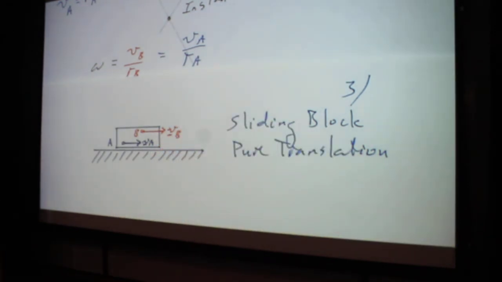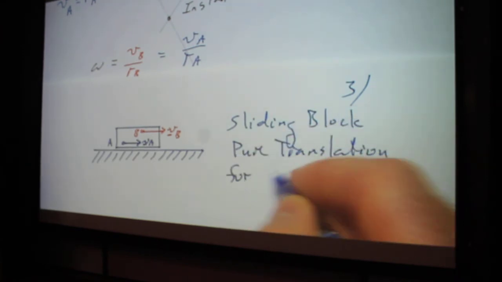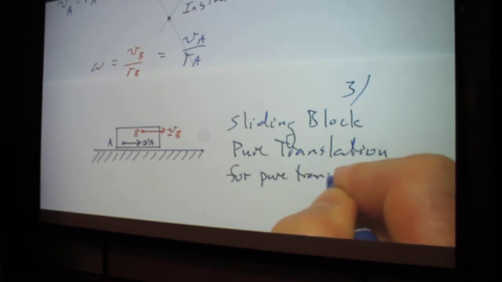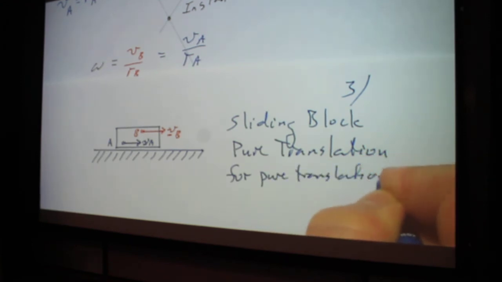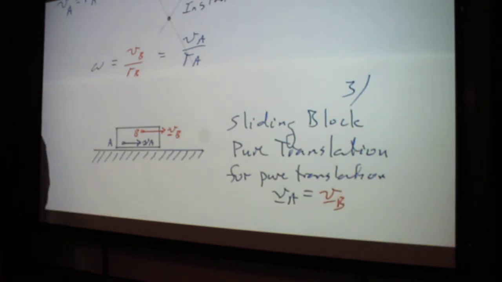Okay? So for pure translation, VA equals VB, both in magnitude and direction.